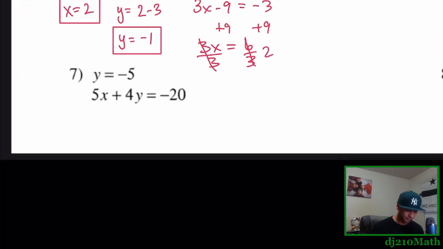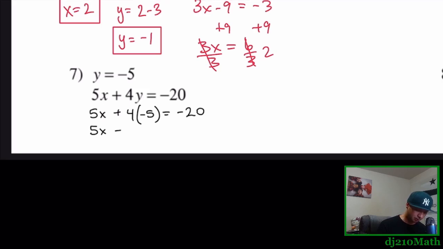All right. Number 7. We're running out of room. Okay. Y is already solved. So 5x plus 4y, in this case, negative 5, equals negative 20. So 5x minus 20, because 4 times 5 is 20.